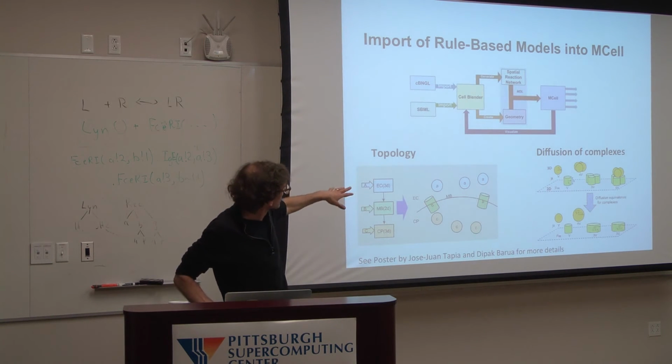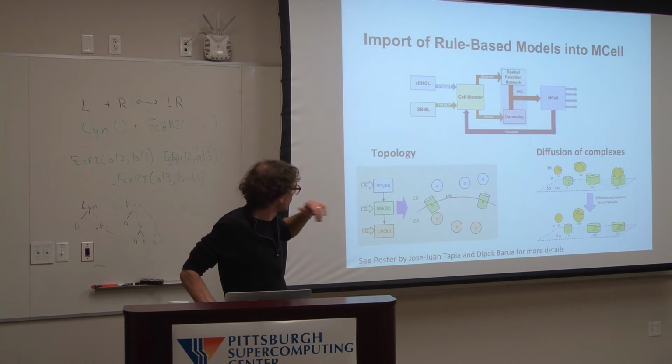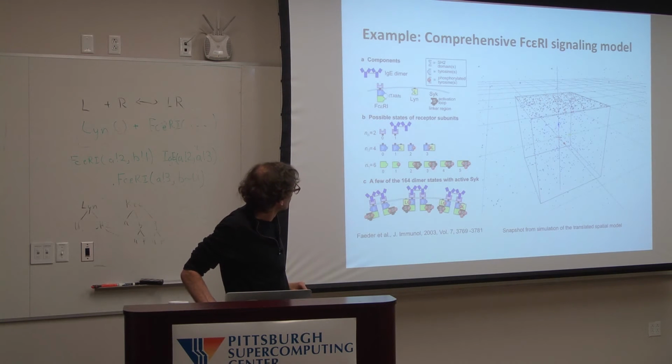I mentioned that we have a system for taking a model that's defined in this way and exporting it to MCell, and that's what we'll be doing this afternoon. And the key is just to be able to define the model in the way that I'm describing here.